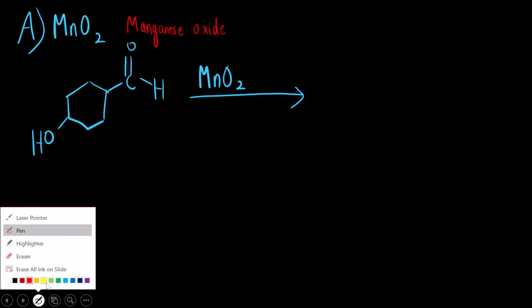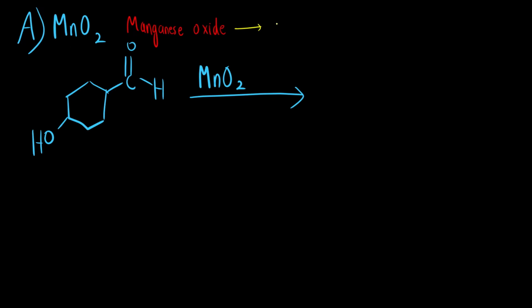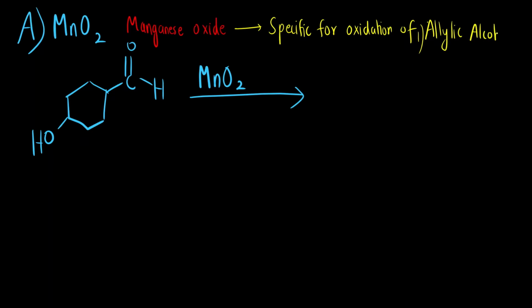What is the role of this reagent? It is specifically used for the oxidation of allylic alcohols and benzylic alcohols.